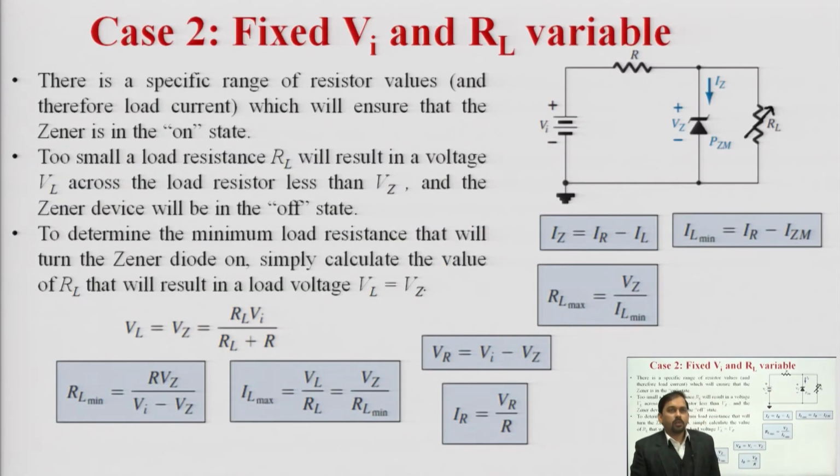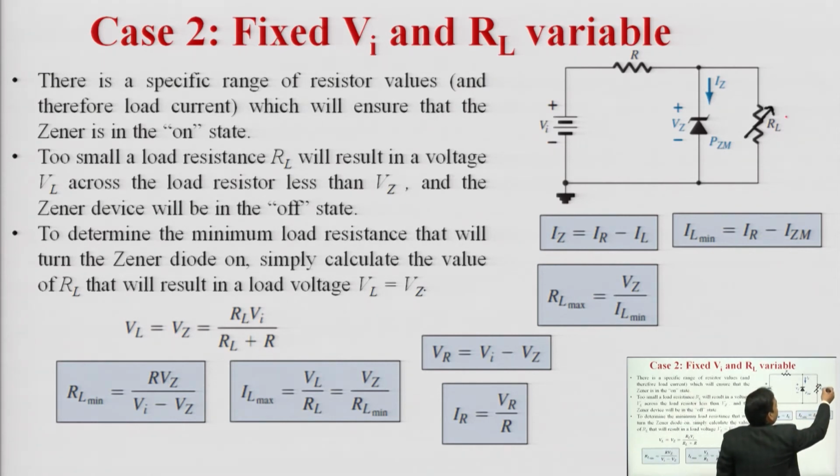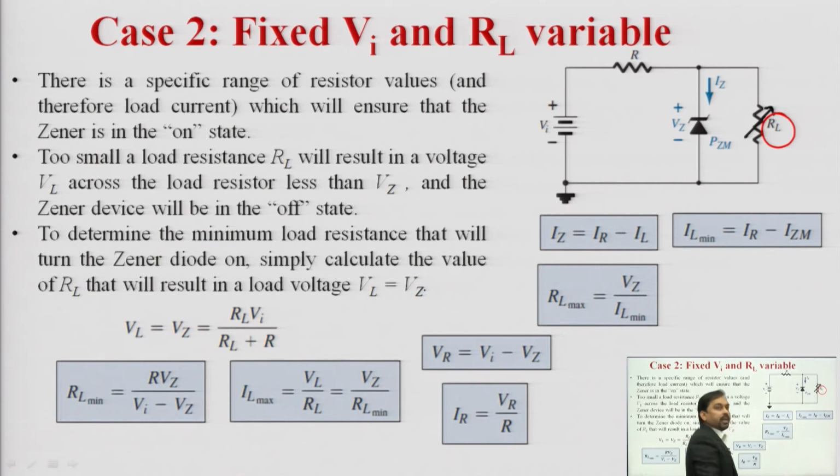Second case: now we can see that the load is variable, meaning whatever RL is, it is variable, and we can change the load. So, we want a satisfactory range for that particular load RL, so that we can say that this circuit is working as a voltage regulator.